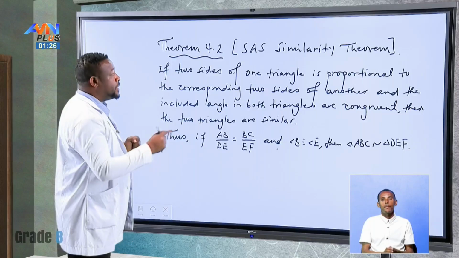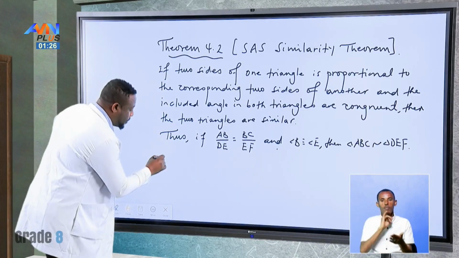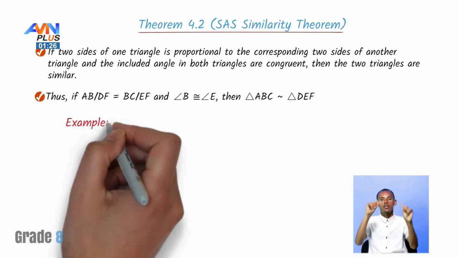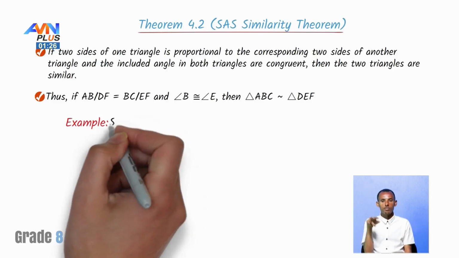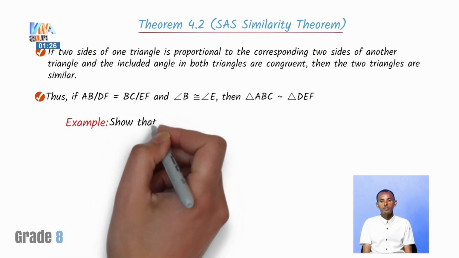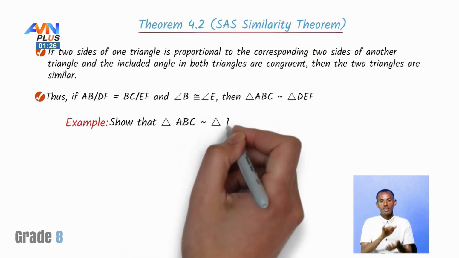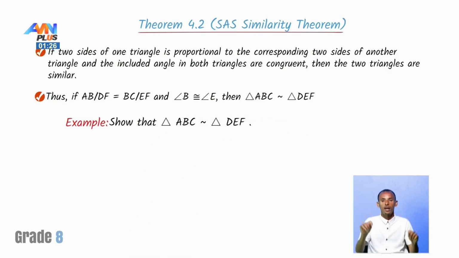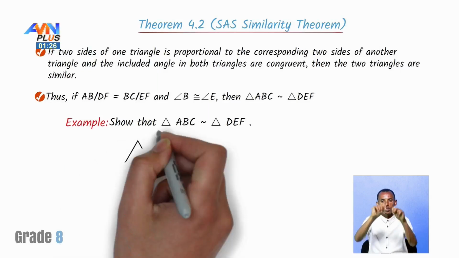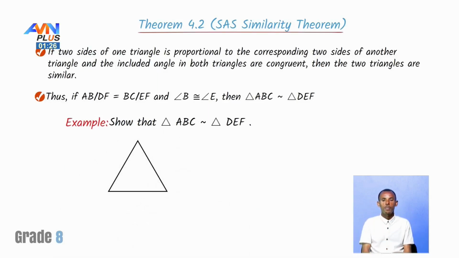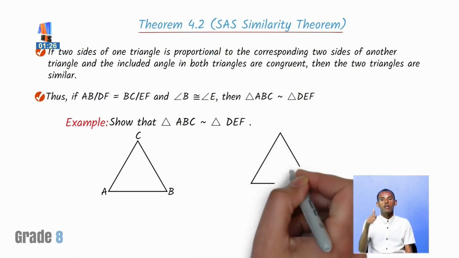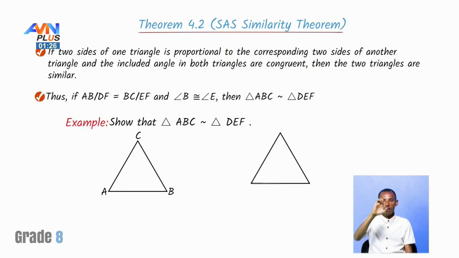Okay, a simple case of this theorem is to consider these triangles. Show that triangle ABC is similar to triangle DEF, where the two triangles are, say, ABC, and say the other triangle is DEF.